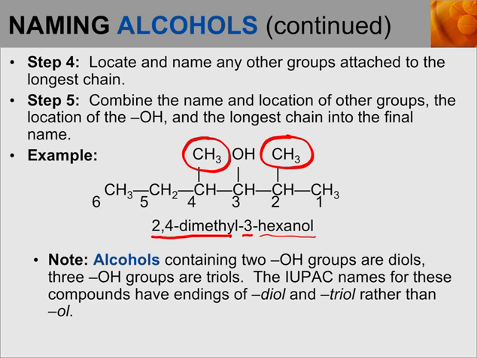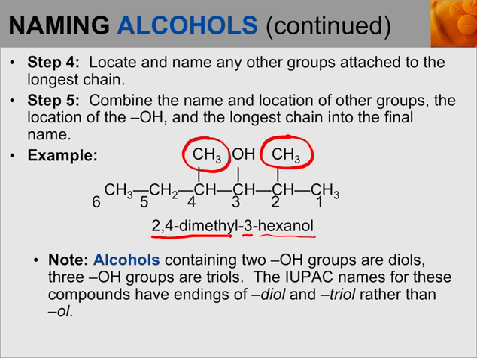So not too bad. Now, if you do have multiple groups, you do want to prioritize the OH group. So the OH group should get the lowest number that it can have. So if you're trying to decide between, let's say, do I give the lowest number to methyl or to OH? You're going to try to give the lowest number to OH.